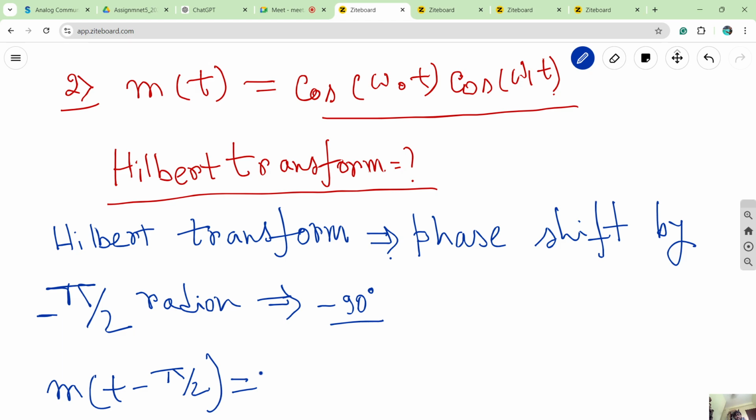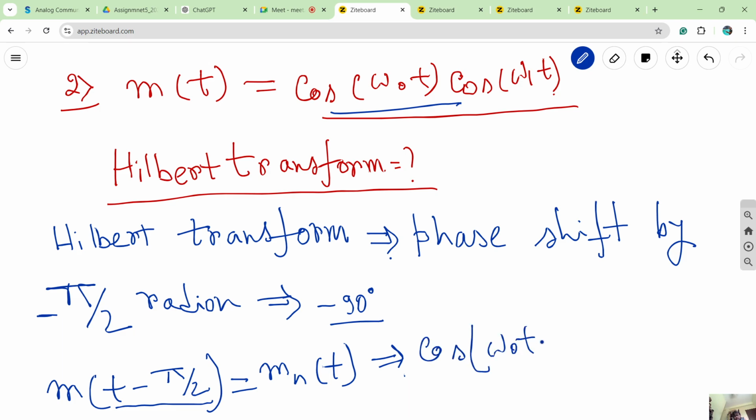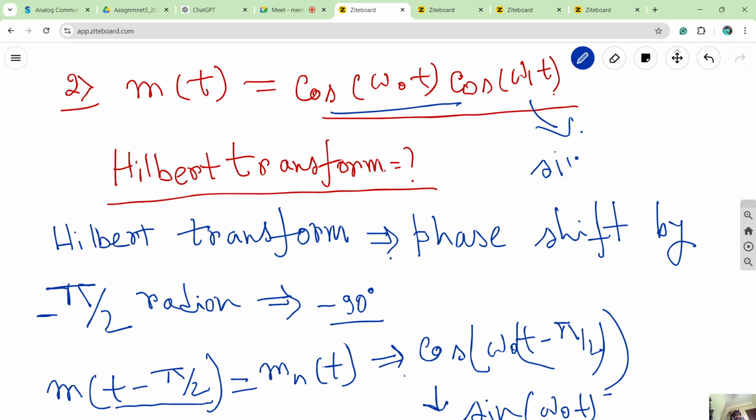So this t should be replaced by t minus pi by 2. Here it will be cos of omega 0 t minus pi by 2, that actually becomes sine omega 0 t. Similarly, this term will become sine omega 1 t.